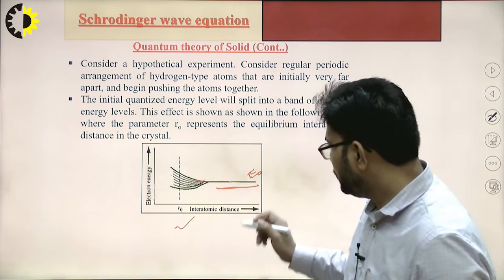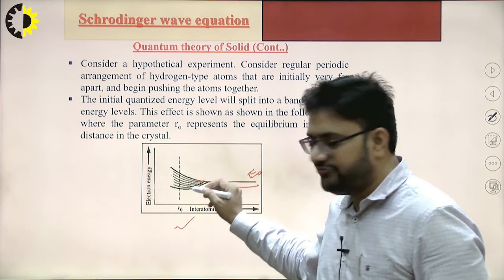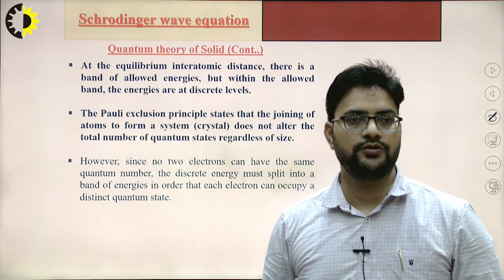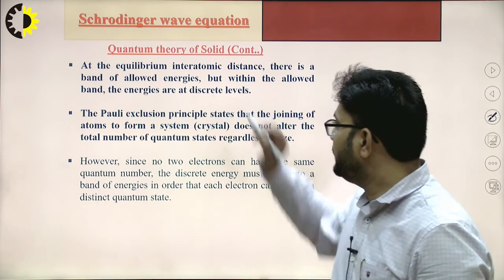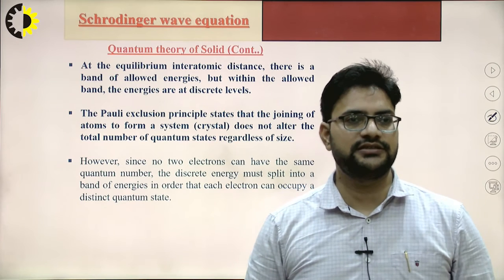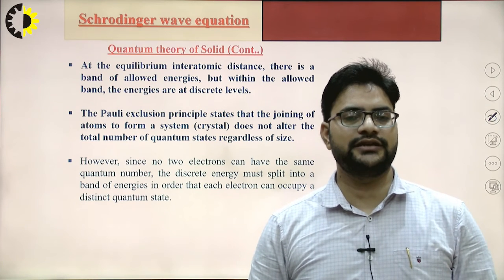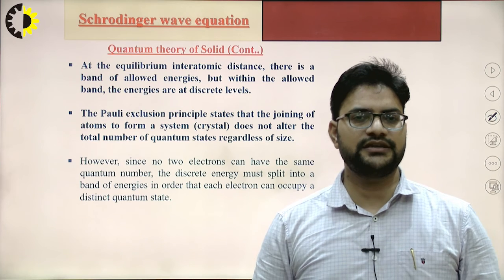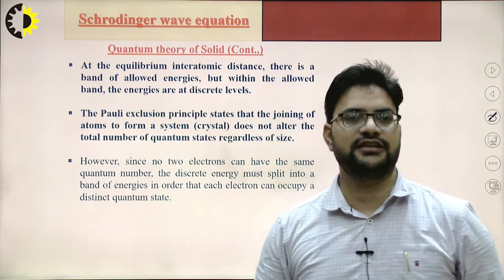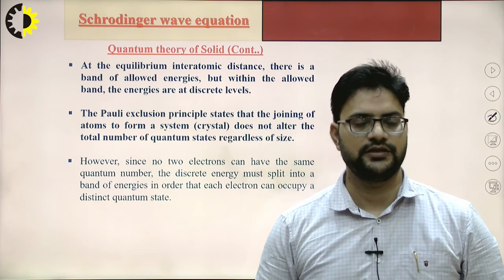This was further explained by Pauli's exclusion principle. At the equilibrium interatomic distance, there is a band of allowed energy, but within the allowed band, the energies have discrete energy levels.